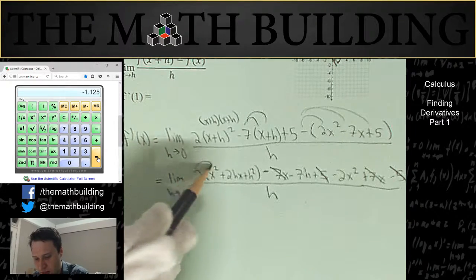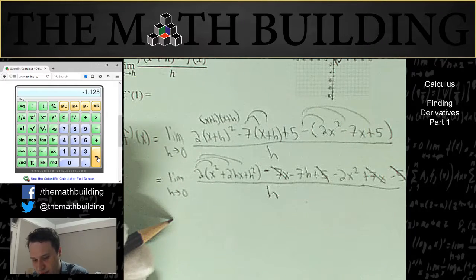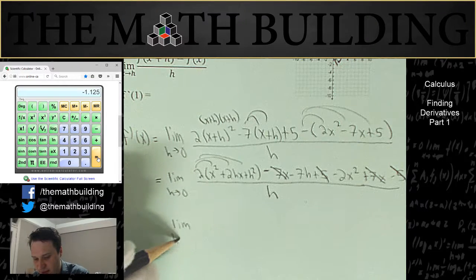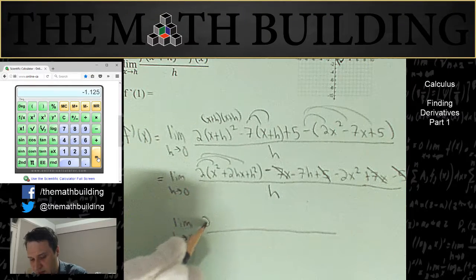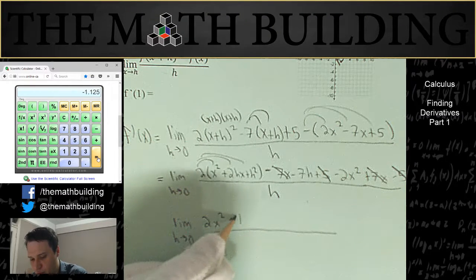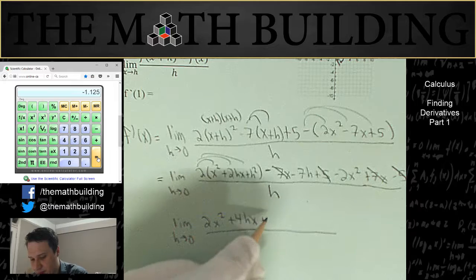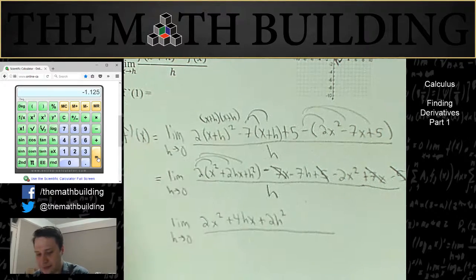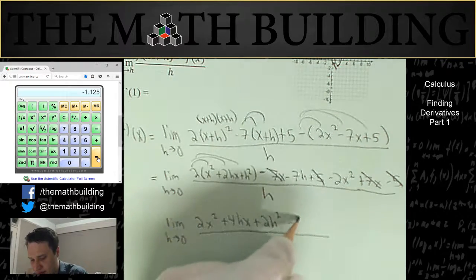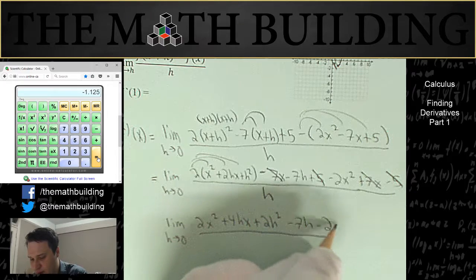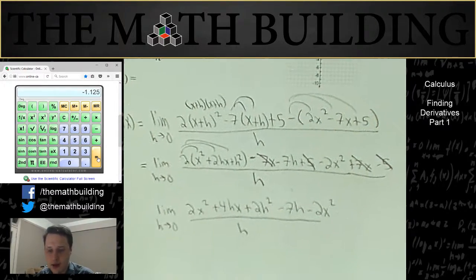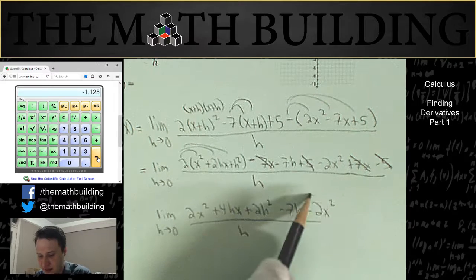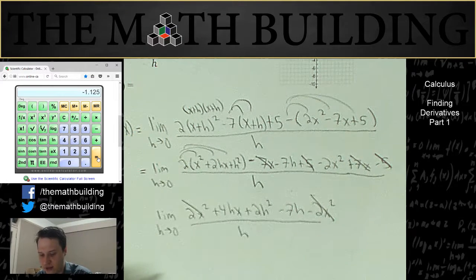Now let's do this distributive property. We still have our limit out here; we haven't evaluated it yet. So this will be 2x squared plus 4hx plus 2h squared, minus 7h minus 2x squared, all over h. Hopefully all of that makes sense. I see negative 2x squared cancels with 2x squared.